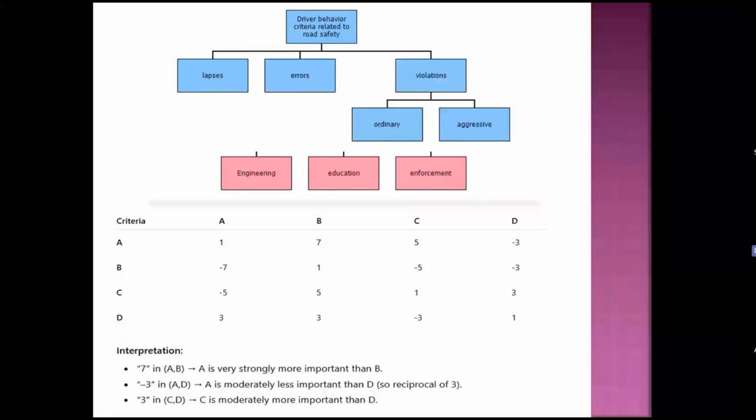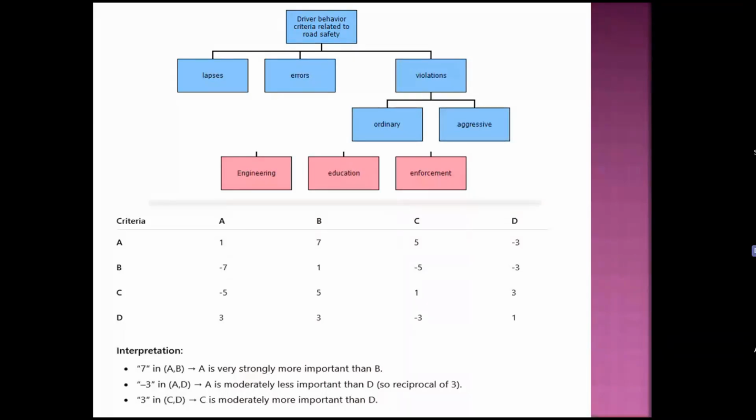You have two options: you can give a negative value, or you can give 1/3 to show the reciprocal of 3. So in the software you have to put the minus value if someone is less important than the other. If you place a positive value, then it is, for example, moderately or strongly more important than the other. This is the difference between selecting positive and negative values in the software.